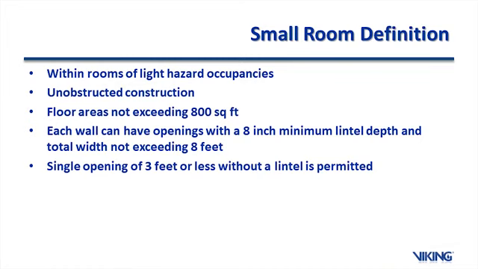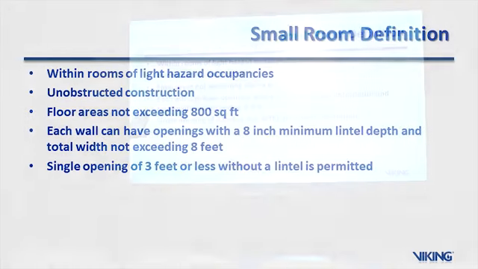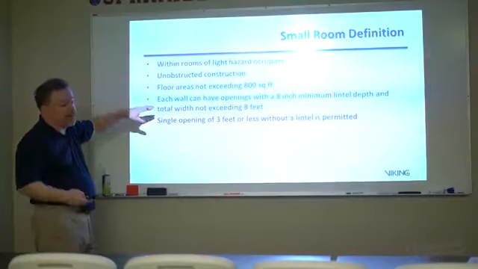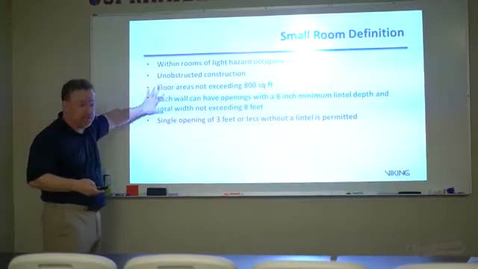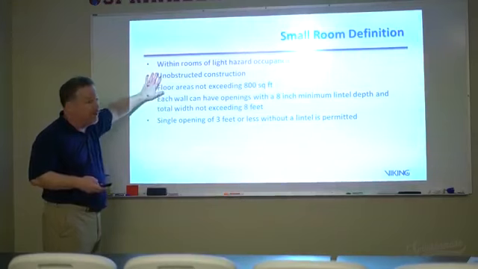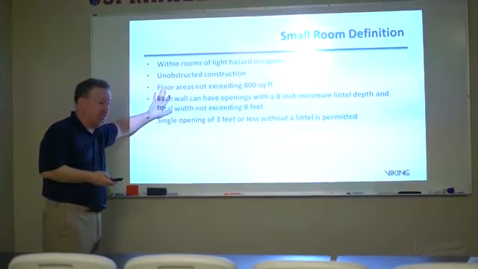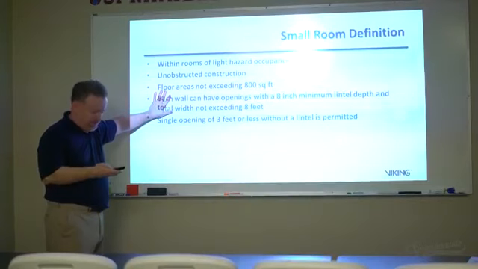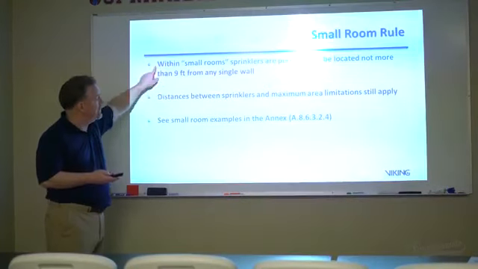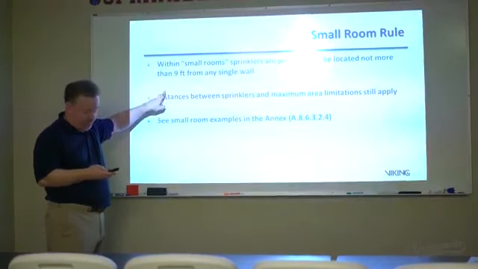So I could have one door out of here without a lintel at all, and I can comply. That's the small room definition. So if I miss one of these defining factors of a small room, I can't use this rule. Okay, this one back here that says small rooms, 9 feet off of one wall.